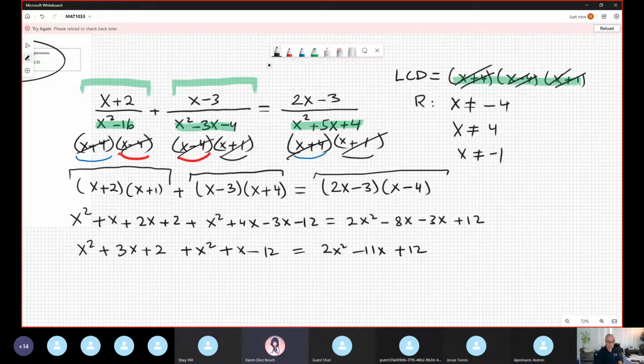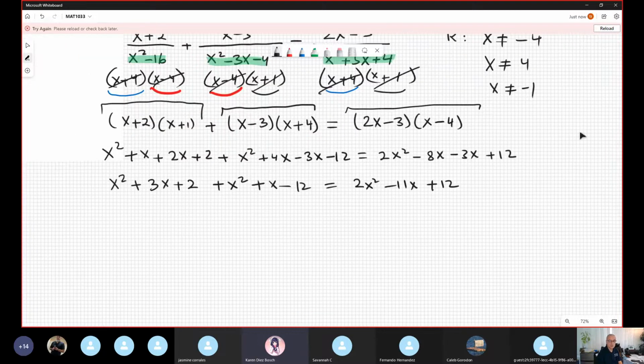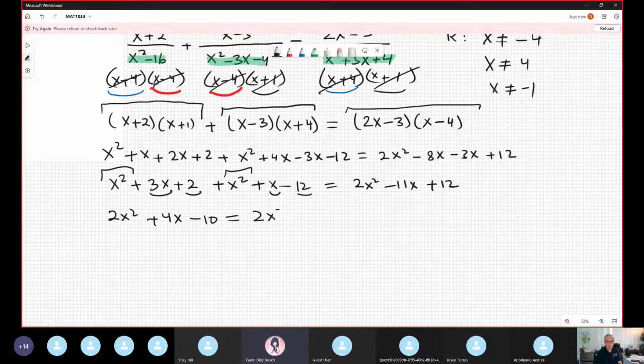Okay, and the left hand side, I forgot to combine like terms. This and this are like terms, x squared, and this is also like, 3 plus 1, 4, and this is like, and minus 10. Equal to x squared minus 11x plus 12.